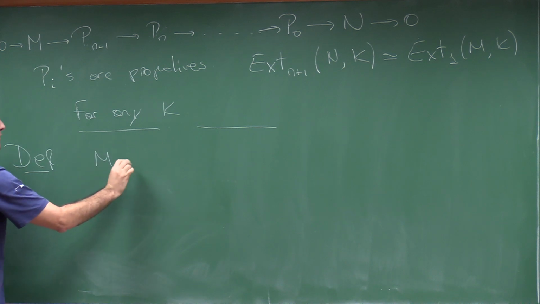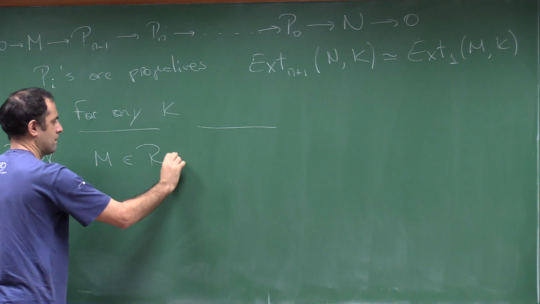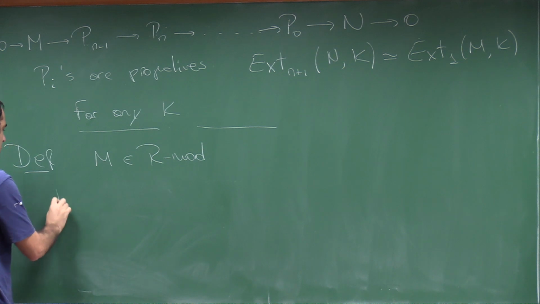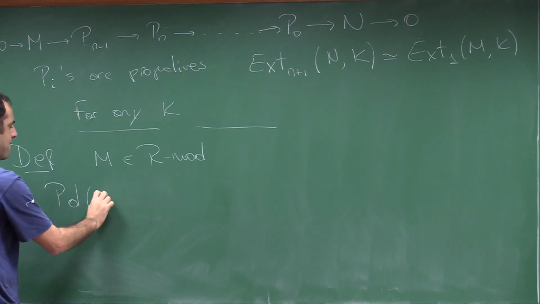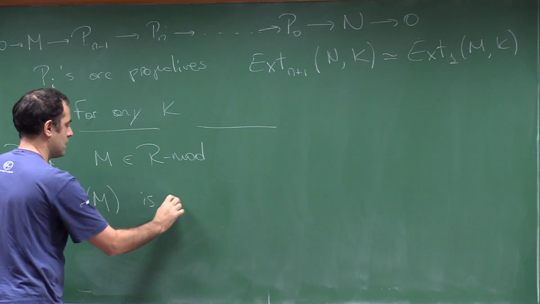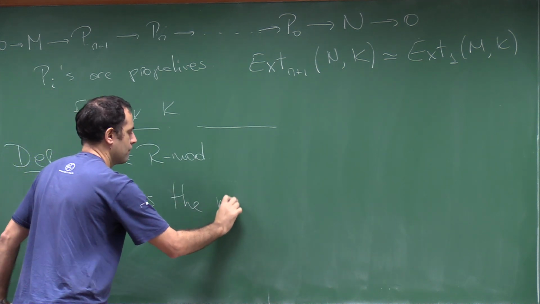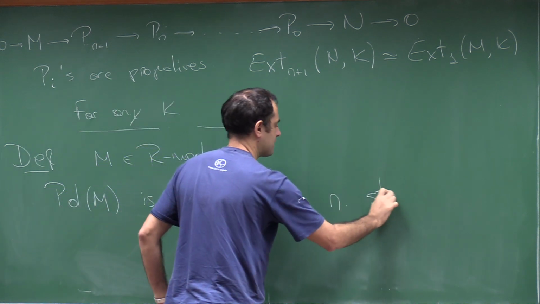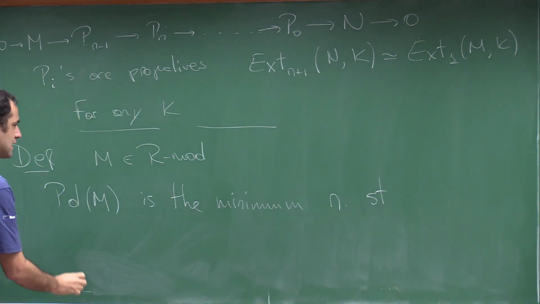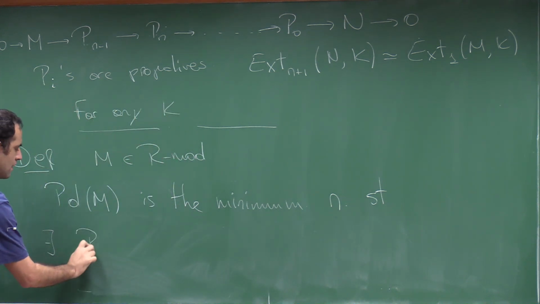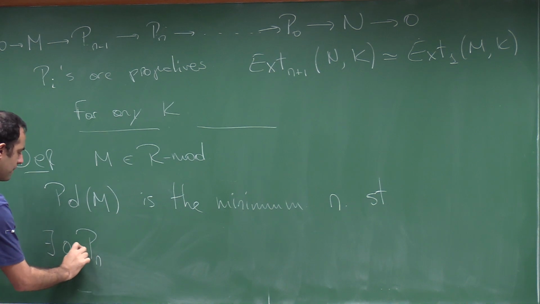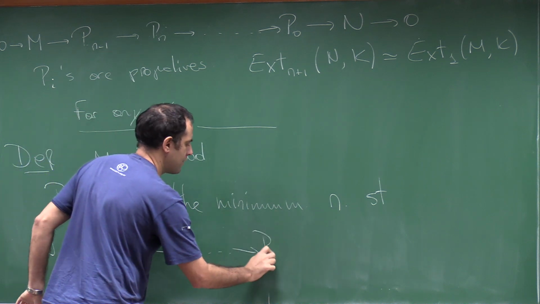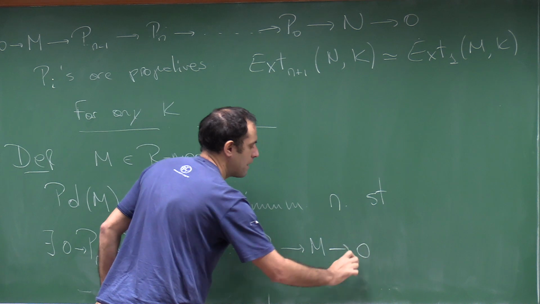If M is a right R module, then the projective dimension of M is the minimum n such that, if such an n exists, there exists a resolution 0 to P_n to P_{n-1} to ... to P_0 to M to 0 by projectives.